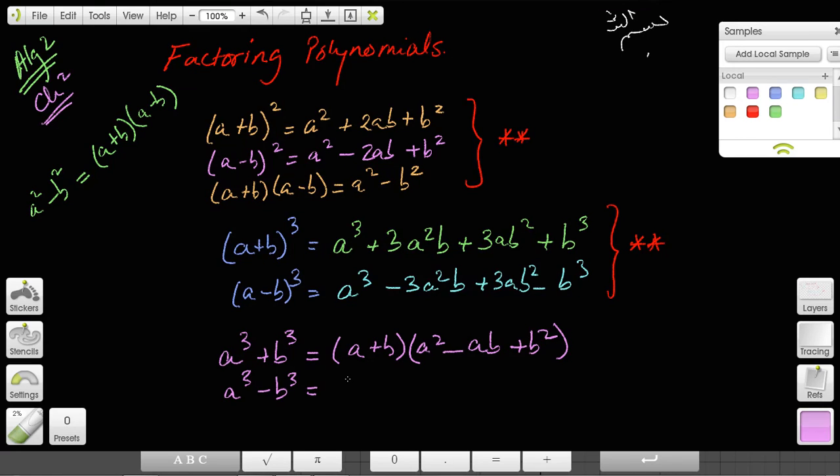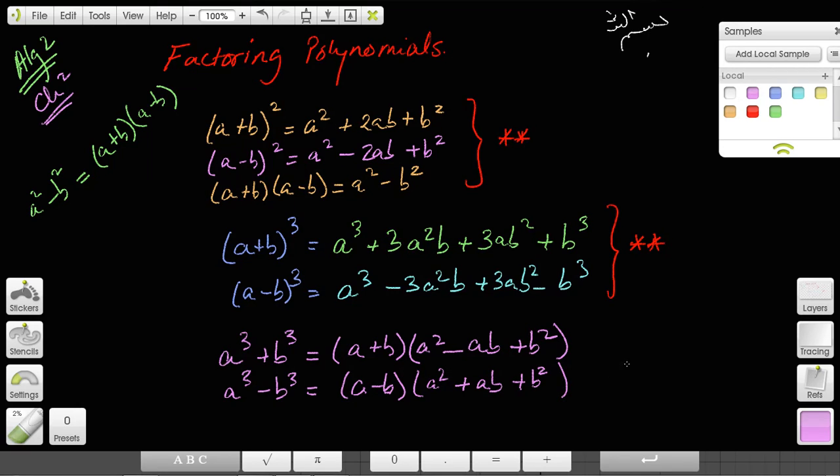And then the difference of two cubes is a minus b. That's easy enough. So if it's plus here, there's a plus there. If it's minus here, it's a minus there, okay? Now, so the difference of two cubes is a minus b times a squared plus ab plus b squared.